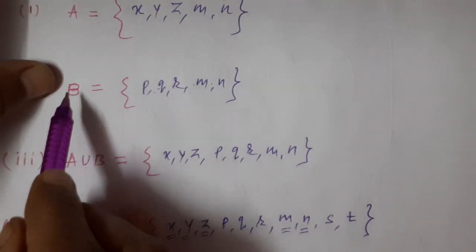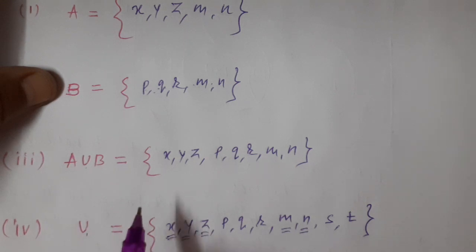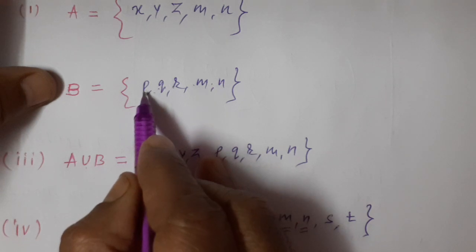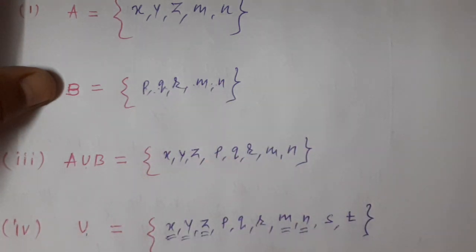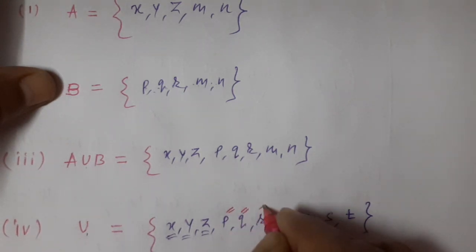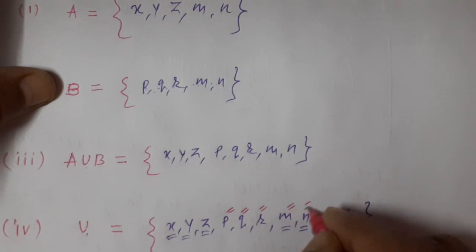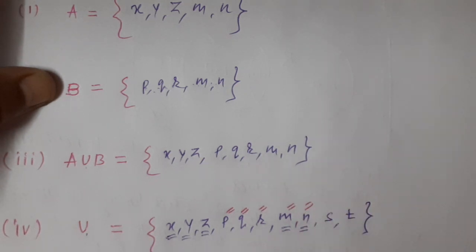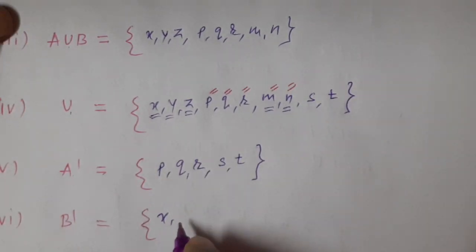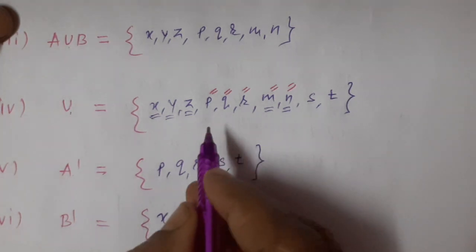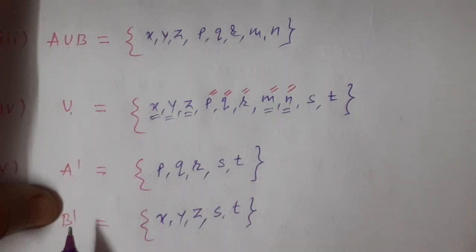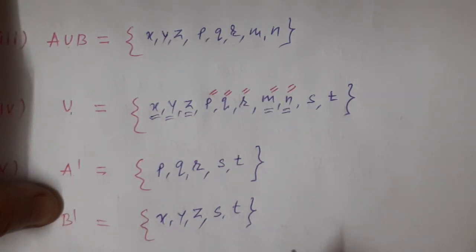So you have to compare B with the universal set and leave all the elements present in B: P, Q, R, M and N. What are the remaining elements of the universal set now? X, Y, Z, and then S, T. So this is the complement of B.